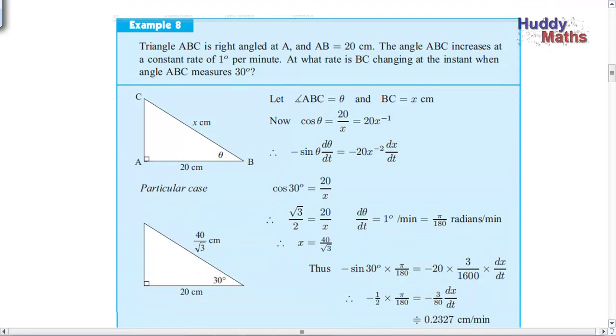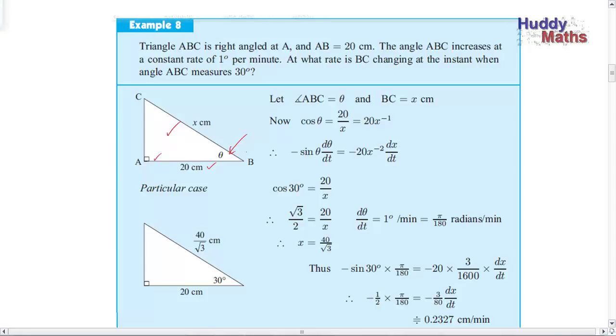Let's have a look at some of those Hayes and Harris examples. We're given this triangle here. Triangle ABC is right angled at A. Check the triangle and make sure all the given information is on there. AB is 20, and that's a constant, so you can label that there. The angle ABC, we have to use a pronumeral here because it's varying at a constant rate of 1 degree per minute.